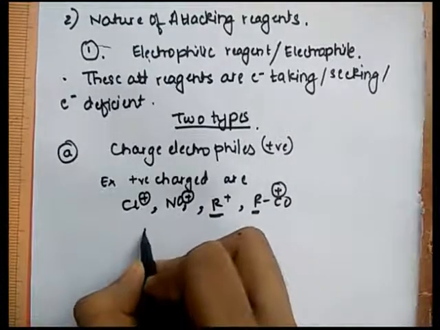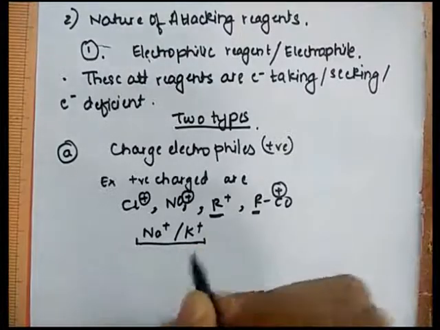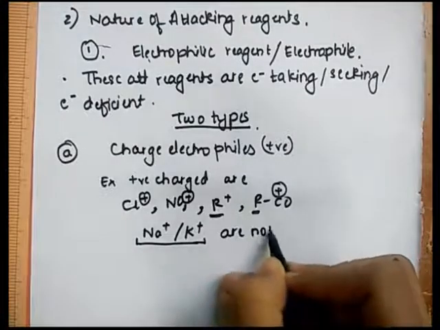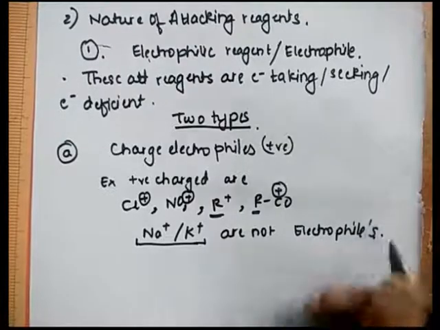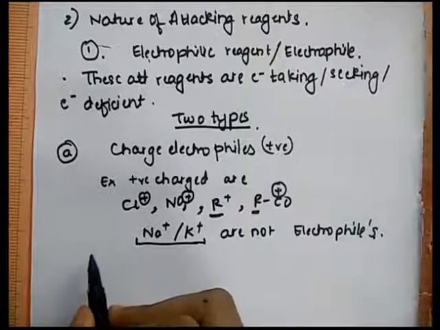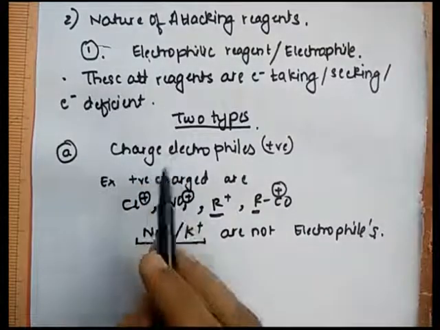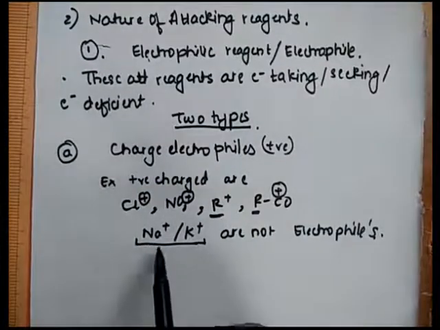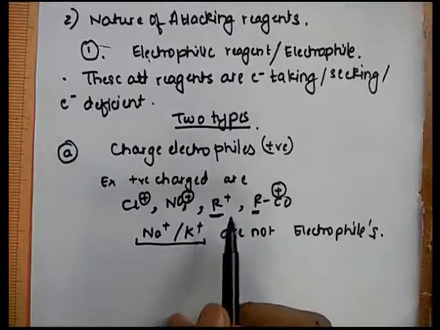Now Na plus or K plus or any of these alkali metals are not electrophiles. To avoid the confusion, those substances which gain stability after receiving electrons are charged electrophilic attacking reagents, but not Na plus or K plus, as they are stable when they donate electrons.